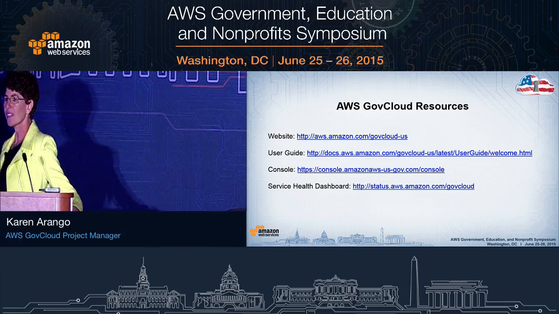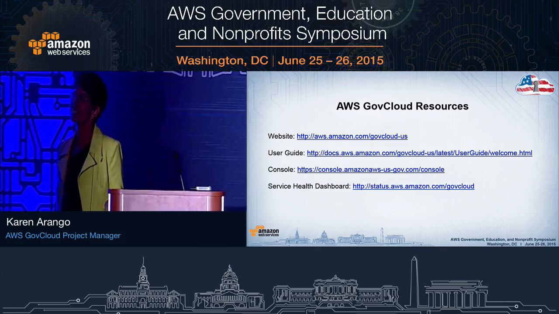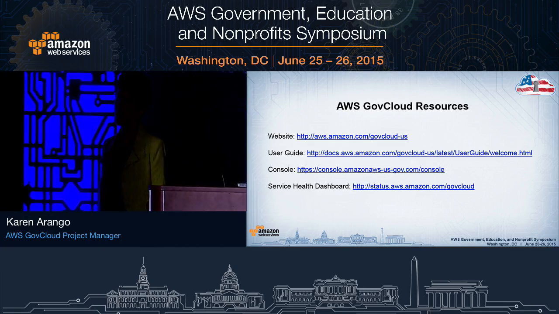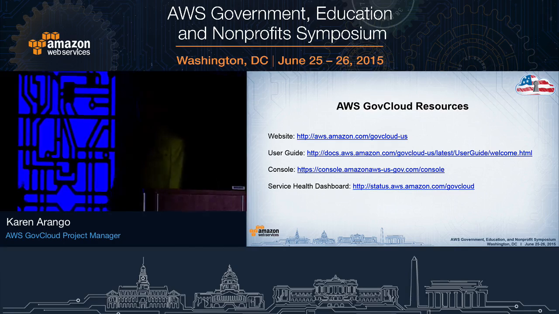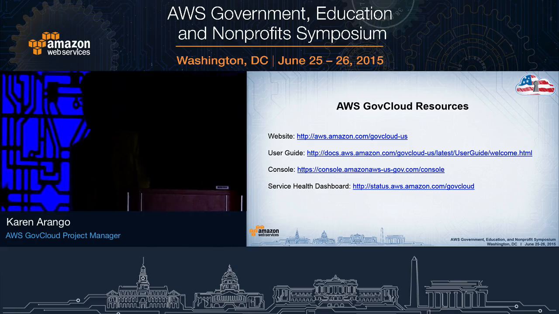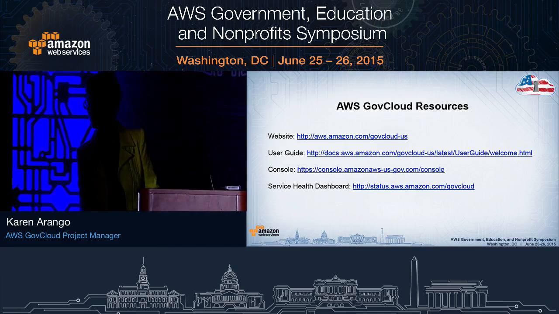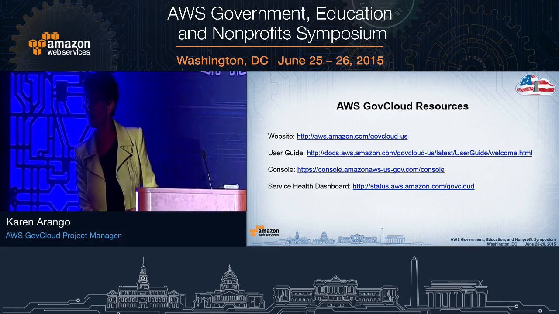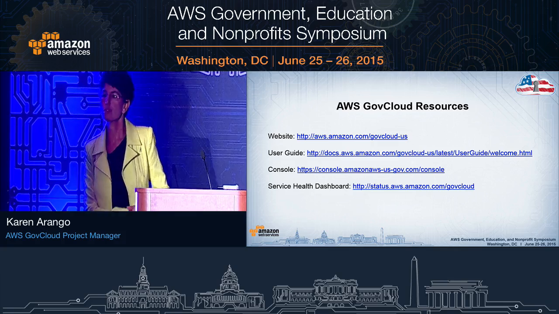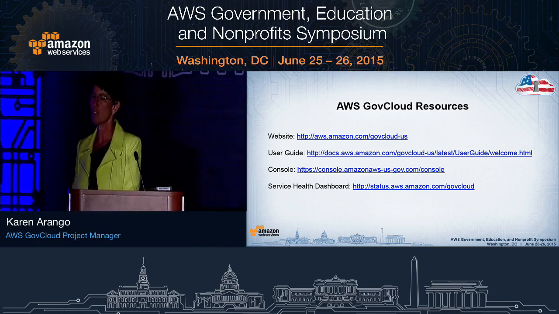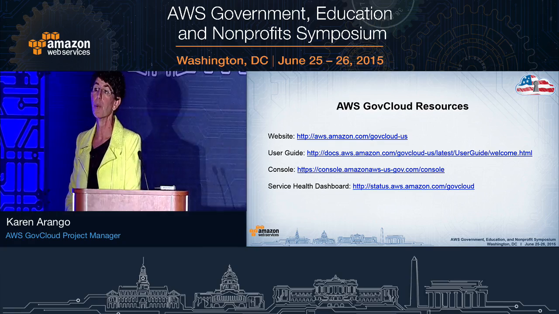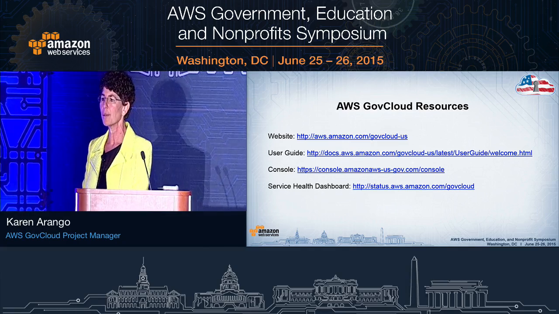Hi, I have a question on the FedRAMP certification. I did notice that the RDS service, one of the basic services, is part of your GovCloud offering, but at the same time, it's not certified by FedRAMP. Is there any date that you're expecting that certification to come in? RDS, yes, is a service in the GovCloud region, but is not yet part of our FedRAMP package at all in AWS.